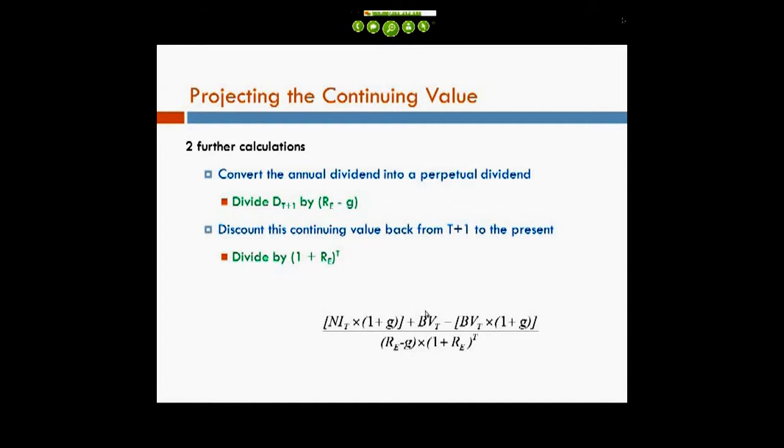So if your required rate of return on equity is 0.07 minus 0.03, that would give you 0.04. So whatever the dividend is divided by 0.04 makes it perpetual. So that's the way you create the dividend from year 6 through eternity.